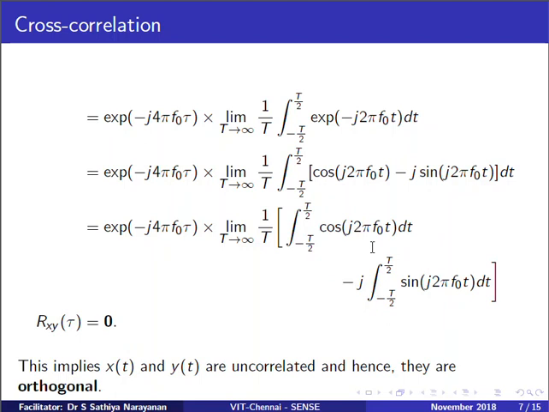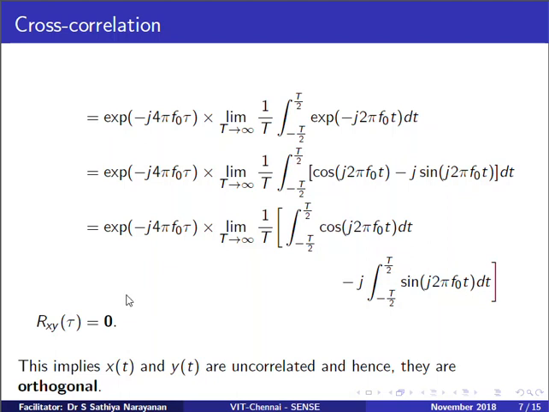Just visualize a cos curve. Here there shouldn't be this j coming in, it is by mistake, so you can just ignore it. So this is basically integral over minus t by 2 to t by 2 cos 2 pi f naught t dt minus j integral minus t by 2 to t by 2 sine 2 pi f naught t dt.